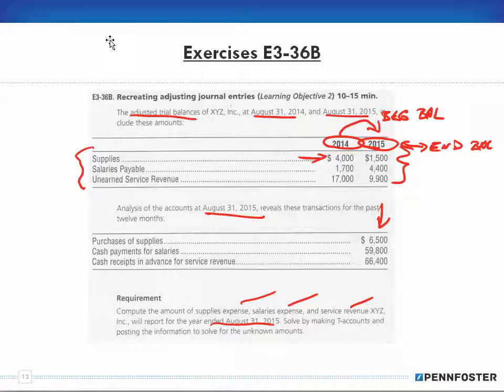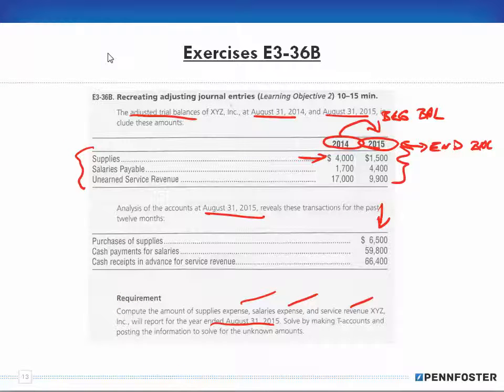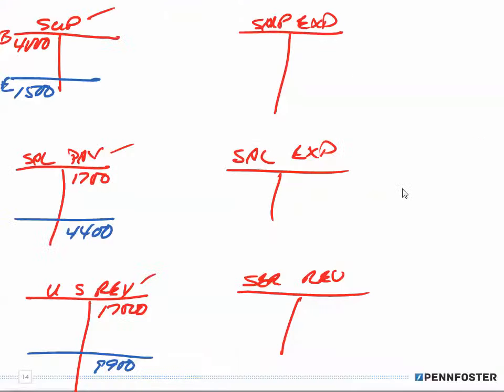Wait a minute, let's see here. Nope, sorry about that. That's not right, because I have to take into consideration these transactions. During the year, we had a purchase of supplies for 6,500.